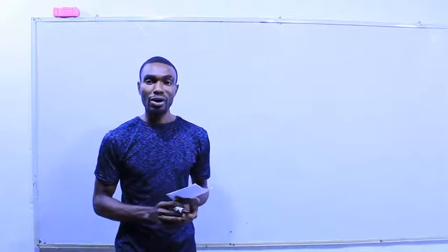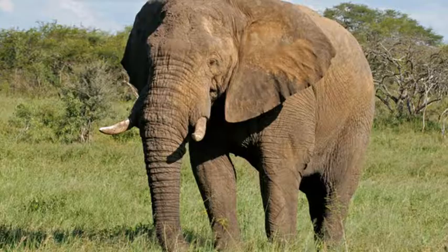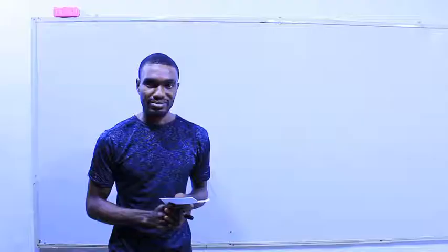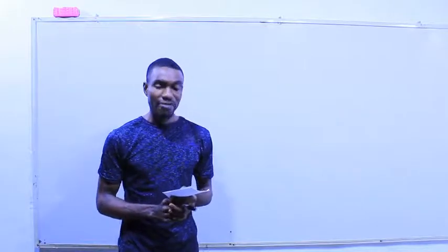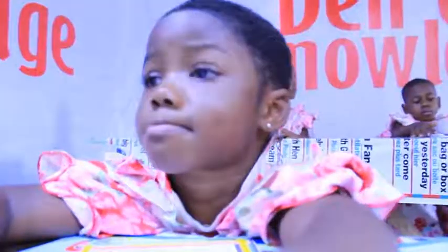E for elephant. Elephant. That is an elephant. F for fenêtre. Fenêtre. That is a window.